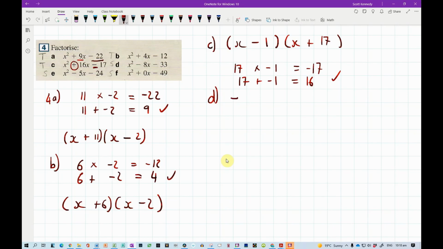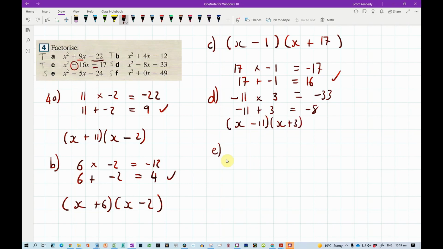So that tells me that the bigger number must be negative and the smaller number must be positive. Otherwise, we wouldn't get a negative answer, right? Negative 11 times 3 is negative 33. And negative 11 plus 3 is equal to negative 8. So our brackets should look like this: x minus 11, x plus 3.